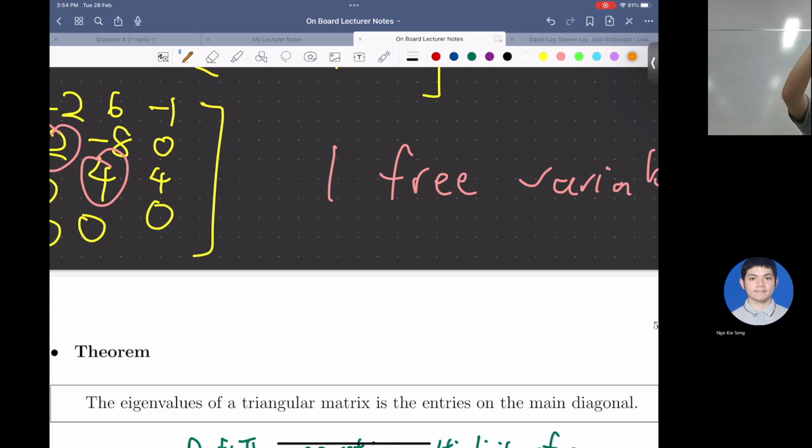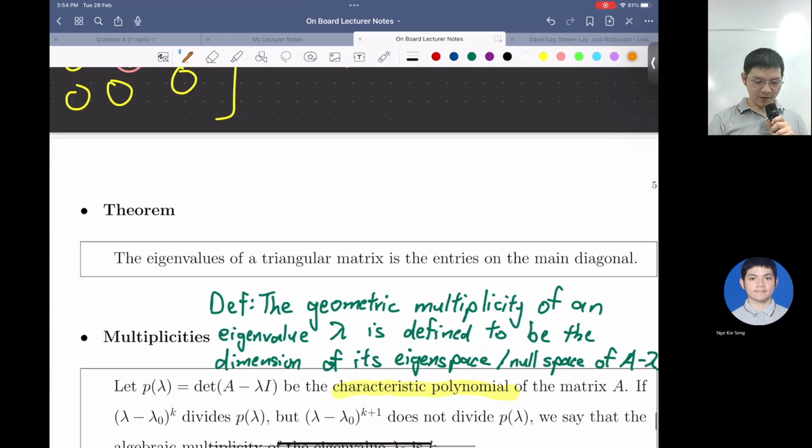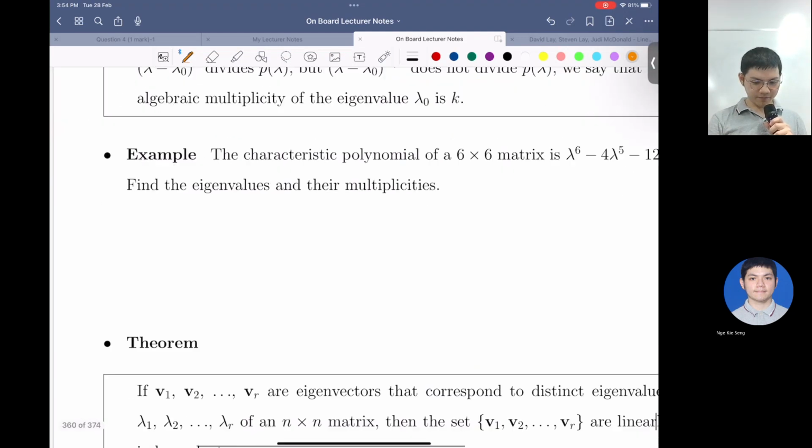So you take minus lambda, and when you take the determinant, it actually just appears on the diagonal. When you set it equal to 0, you find the eigenvalues from the diagonal entries. Make sense? In the textbook, they produce a proof for the 3x3 case, so you need to imagine the n by n case, or you can write it down.